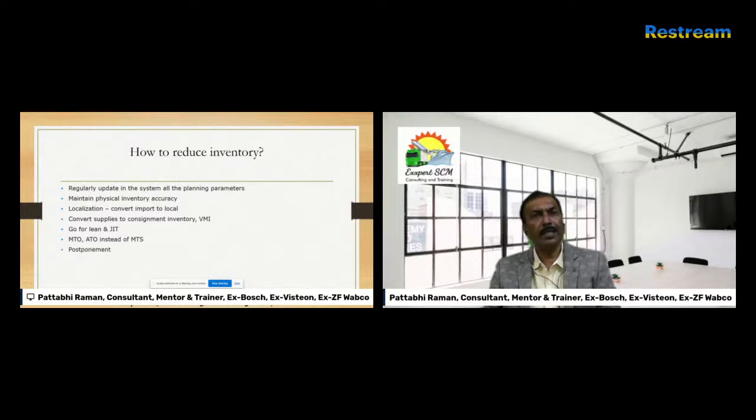The other one is postponement, which most organizations are trying to attempt. Here, number one is geographical postponement. Number two could be finishing operation postponement. If you have several warehouses or distribution centers, we store some medium or slow moving items in a centralized warehouse.